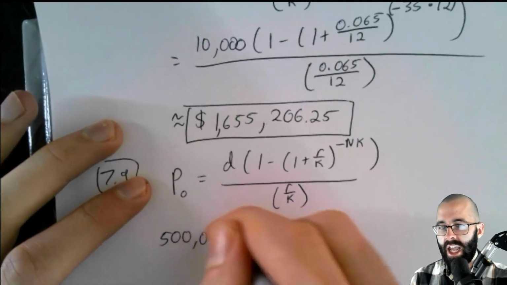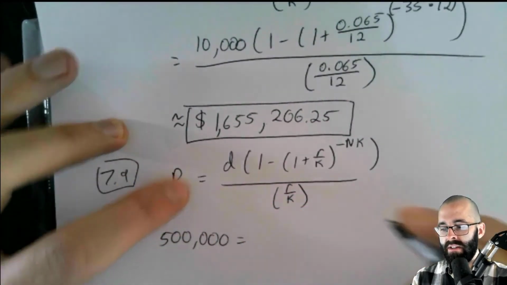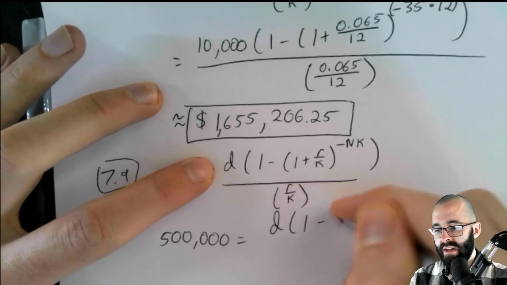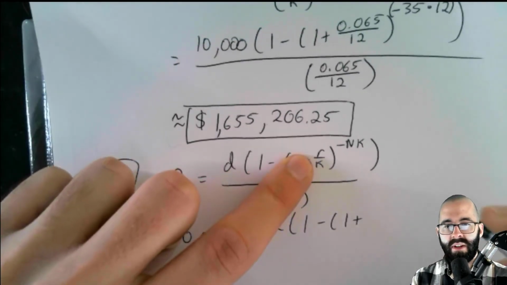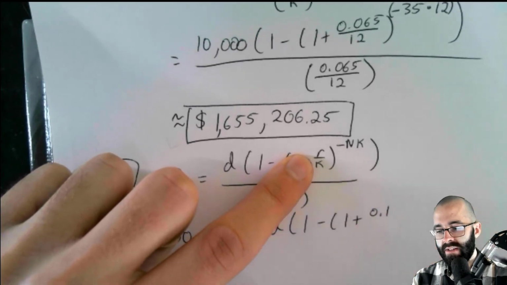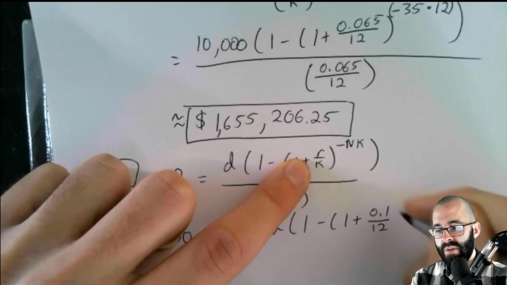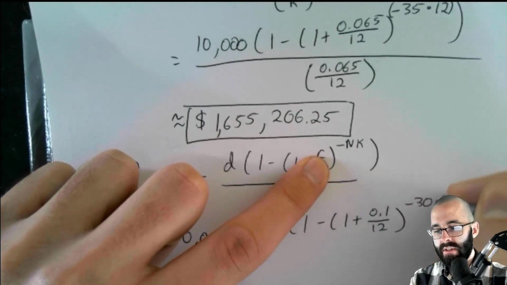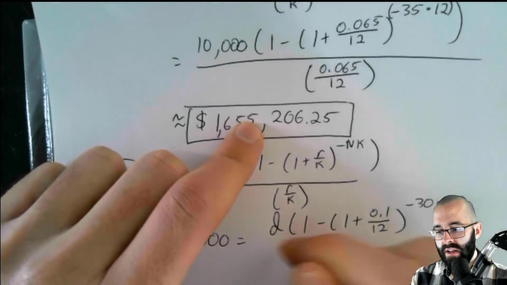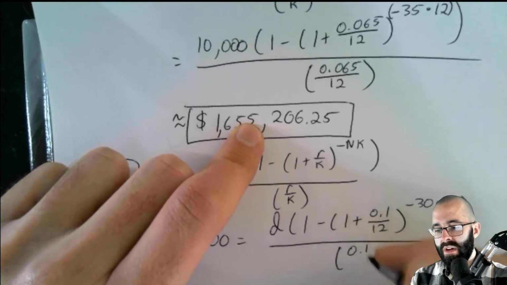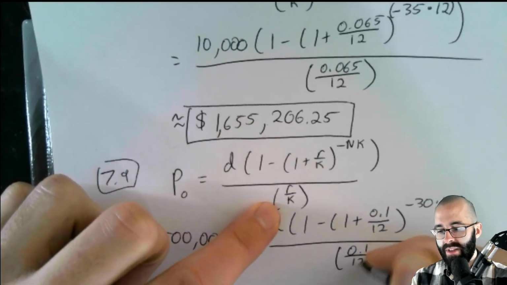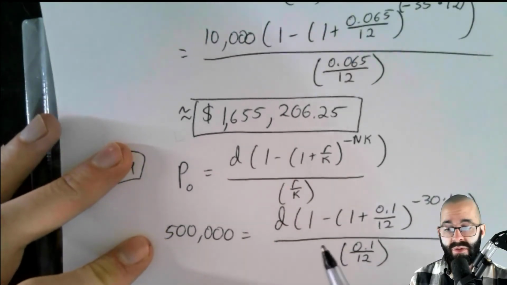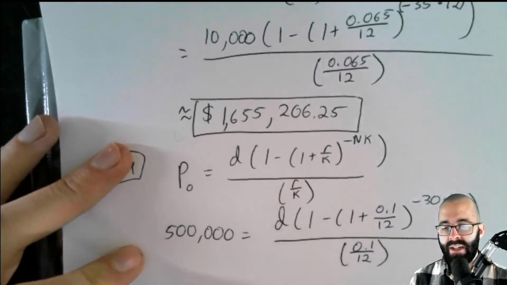That's 500K. D, we don't know this yet, so leave it as a D, times 1 minus 1 plus. Professor Smart has a 10% interest rate, still doing monthly payments, and we have 30 years, still doing monthly. Divided by the interest rate, 0.1, divided by still doing monthly. And we have to do the exact same process as before, just with a slightly different formula. We need to solve for D.